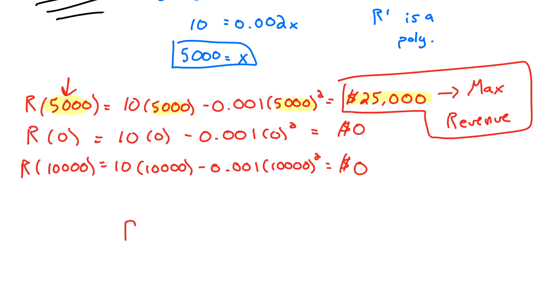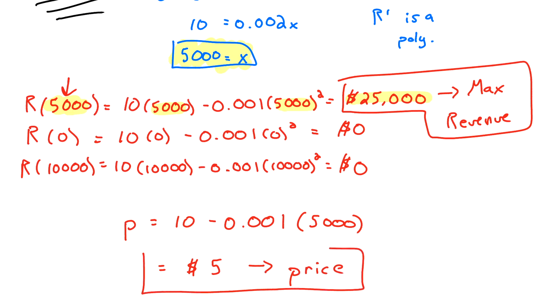So p is equal to 10 minus 0.001 times 5,000, and in this case we end up with a price of $5. This is the price that we should charge for each button if we want to achieve our maximum revenue. Based on the information that's been given to us, if we charge anything other than $5, we're not going to get as much money in revenue.